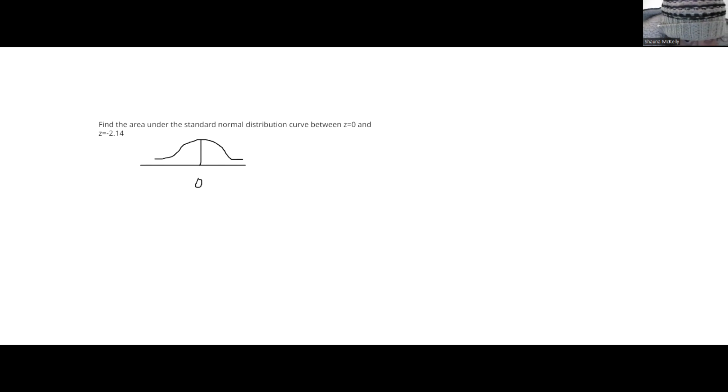Now, negative 2.14. There's no way for you to actually totally eyeball this, okay? But you do have to put it on the correct side. This is negative, so remember, negative z-scores are on the left. So somewhere here in the tail, somewhere there.